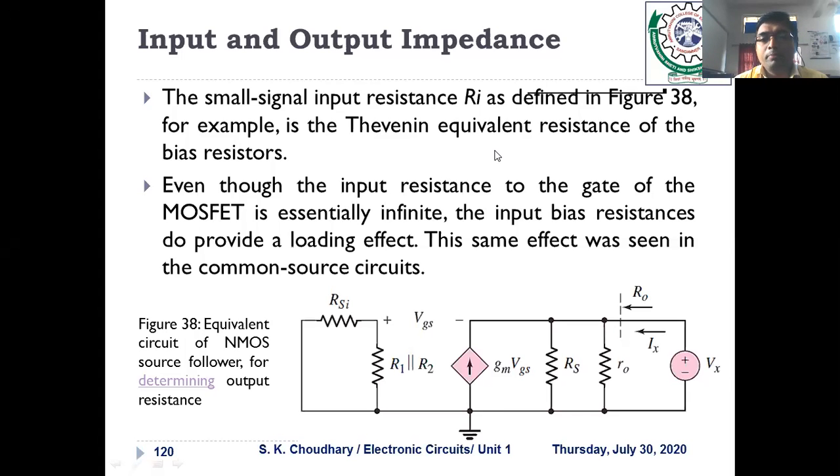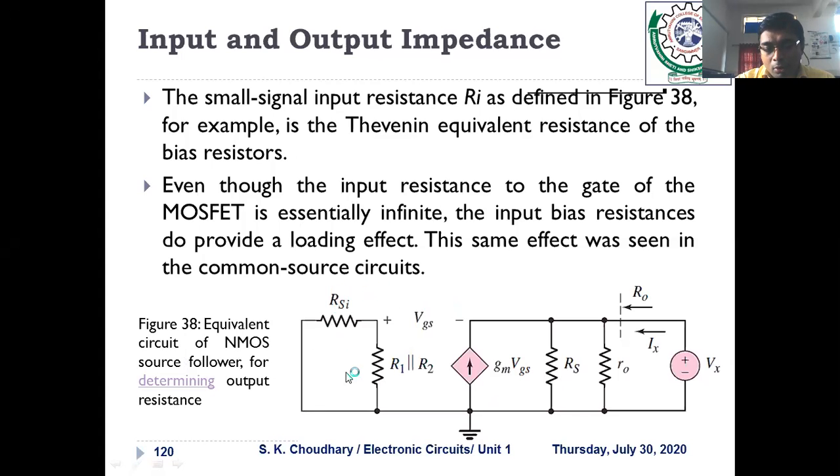Input and output impedance of the common drain circuit. In this diagram we have drawn the small signal equivalent circuit of the common drain circuit for finding out the output resistance.